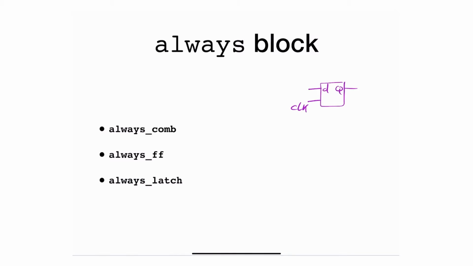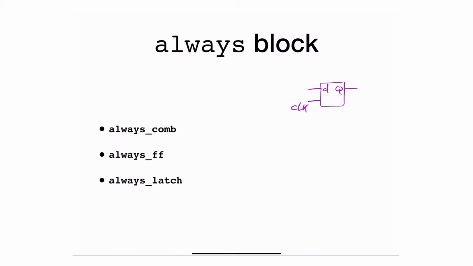It's a memory element, and a combinational circuit should not have a memory element in it. Vivado will throw a warning telling you there's something wrong with your code: you're designing a combinational circuit, but unfortunately it's inferring some memory element, so you need to fix the code. This is actually nice, and that's why I would use it.